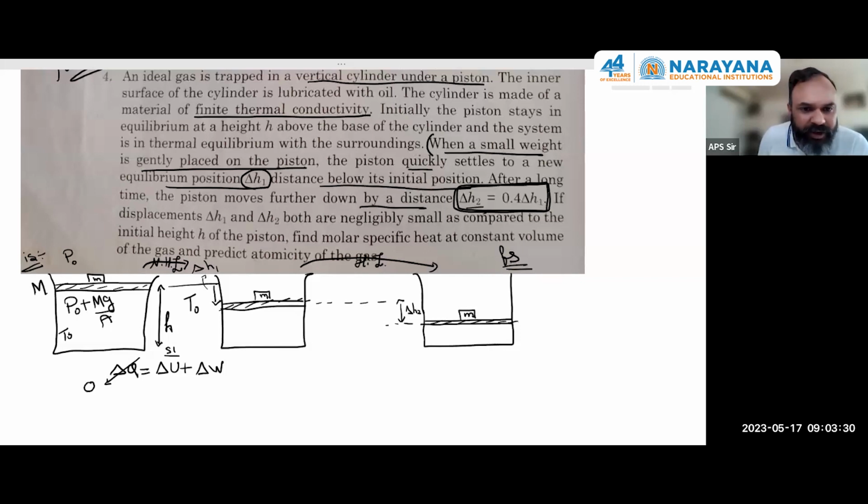If the number of moles of gas were n, there is a term nCV. This was T naught. This state has some temperature. Let's call it T prime. Final state, again, it will be T naught. So this is T prime minus T naught. This term is 0. And then I have to write this term.